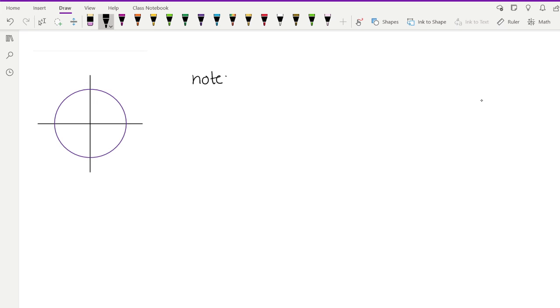So note, instead of referring to the terminal point of an angle, your book refers to the terminal point of an arc. And I'll explain what I mean by that in a second.